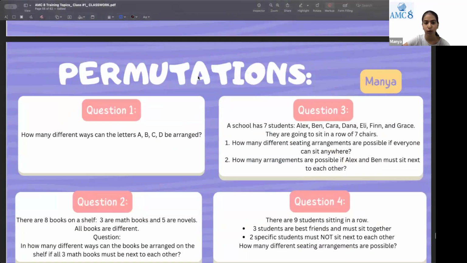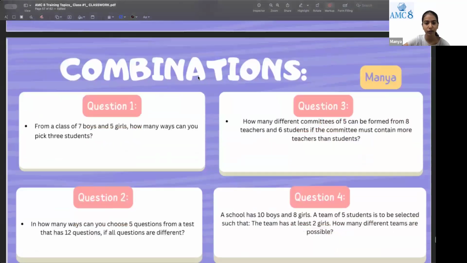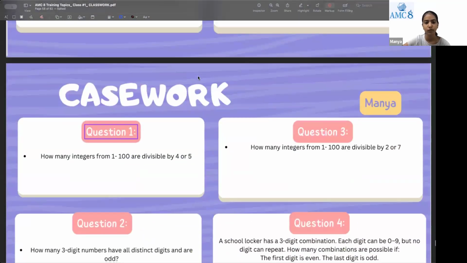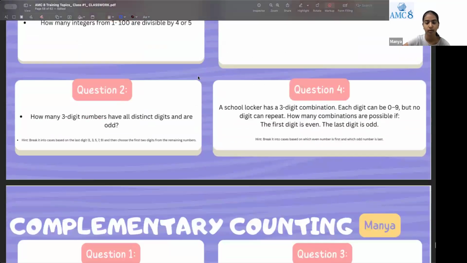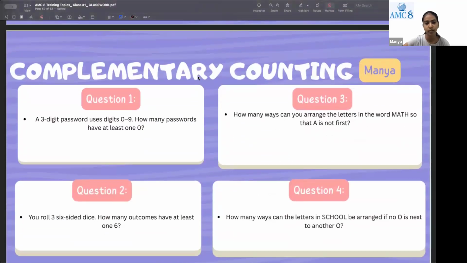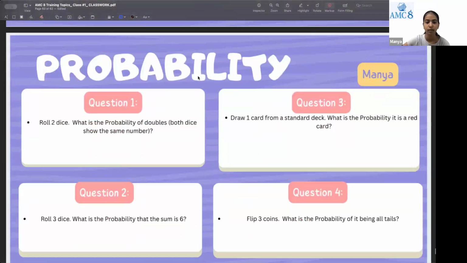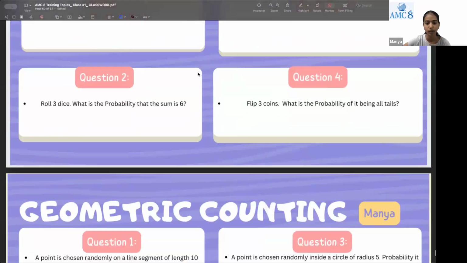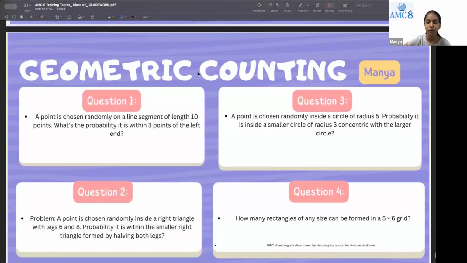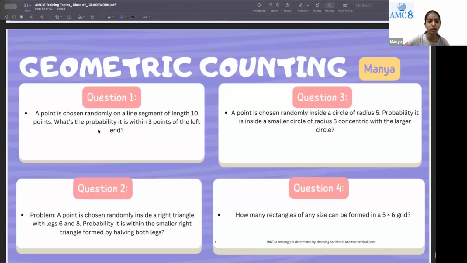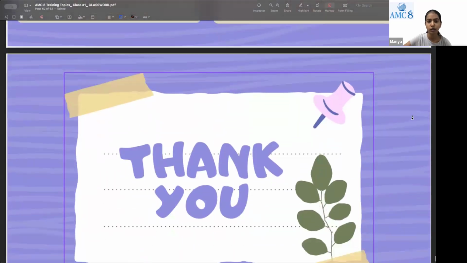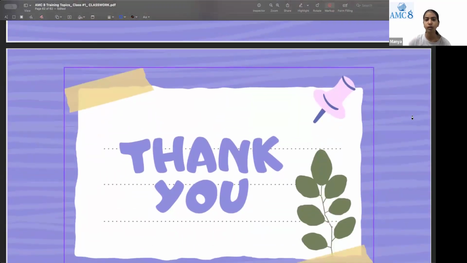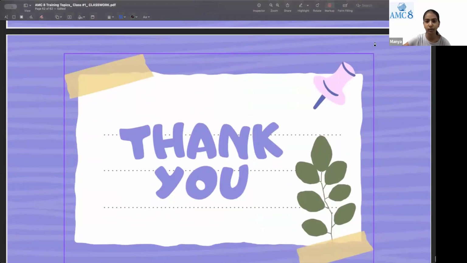This is for permutations, this is for combinations, this is for casework, this is for complementary counting, for probability. This is for geometric counting. For geometric counting, I also included probability here. Plus, all the problems in the homework also include some parts from each of the different topics that we talked about.